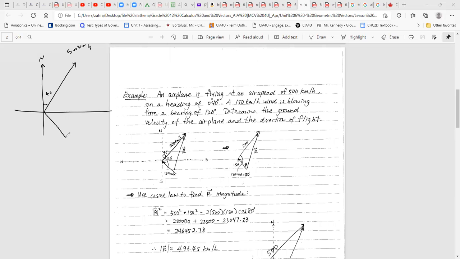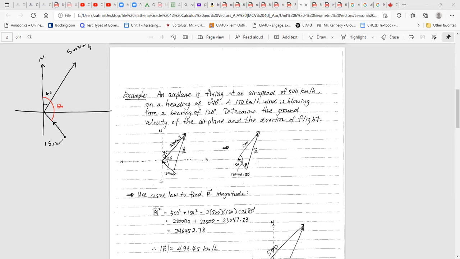Because it says "from," it means the beginning of that is here and the direction is like that. Just to note it, from here to here is 120 degrees, and it is 150 kilometers per hour.